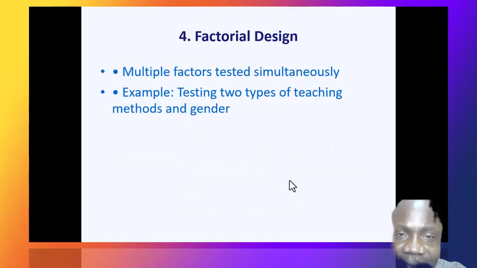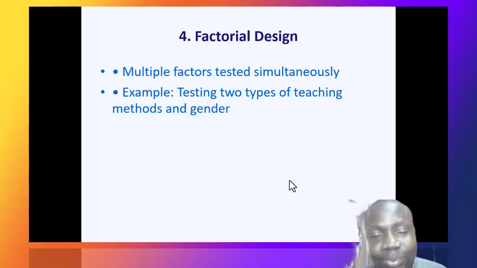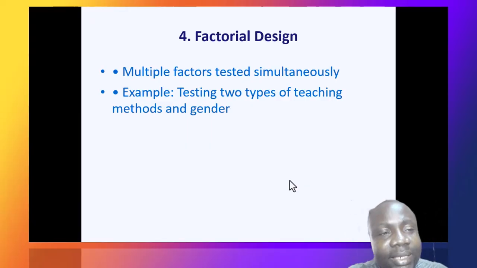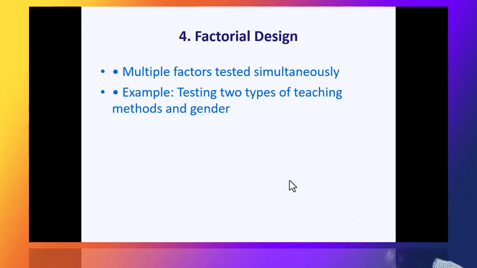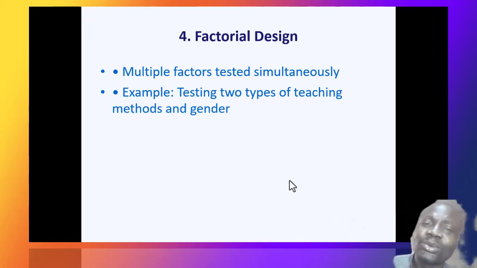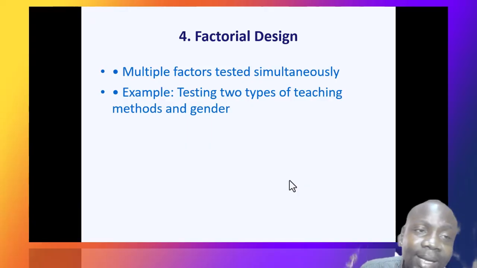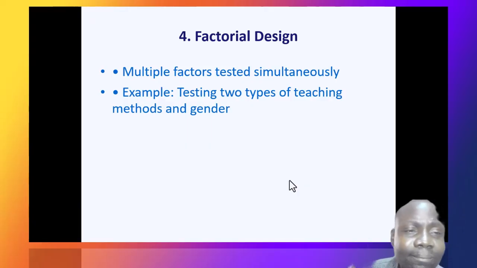Next to this is the factorial design, which we also use in the education sector, because apart from the teaching strategies that we usually consider in education, other factors usually moderate the effect of a teaching strategy, such as gender, emotional intelligence, and many other things that are not truly considered in the treatment.